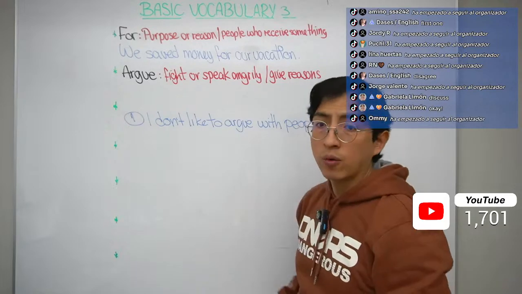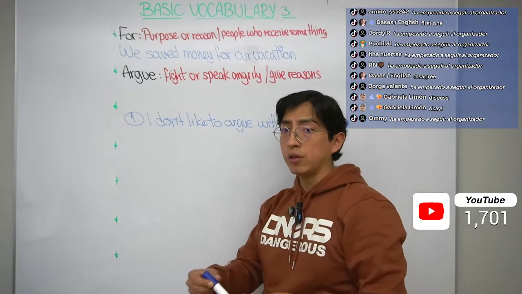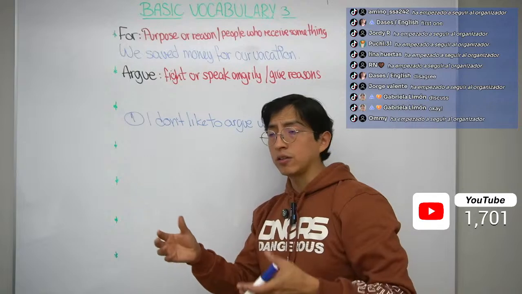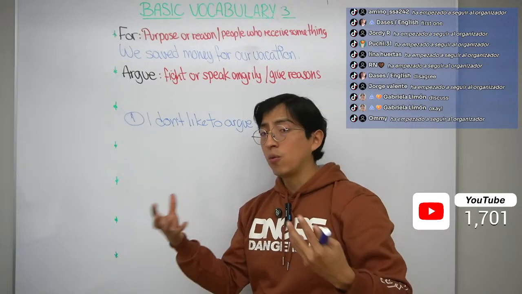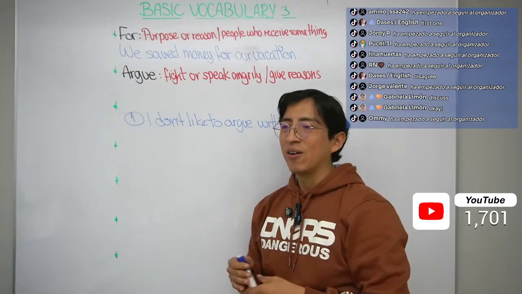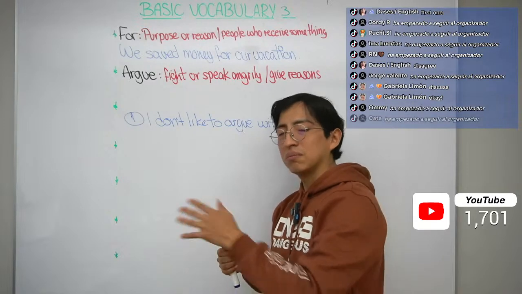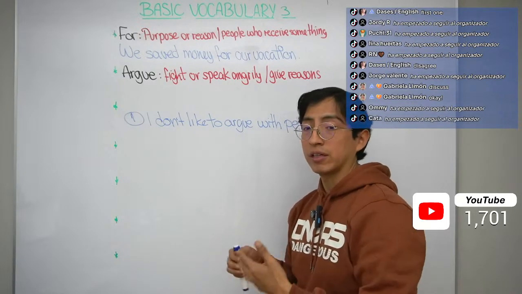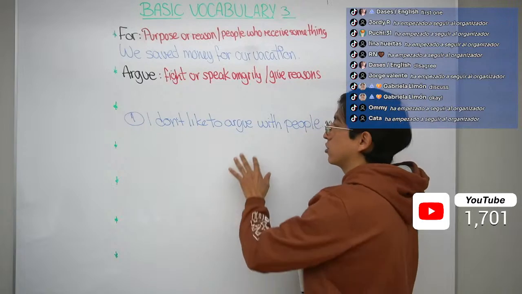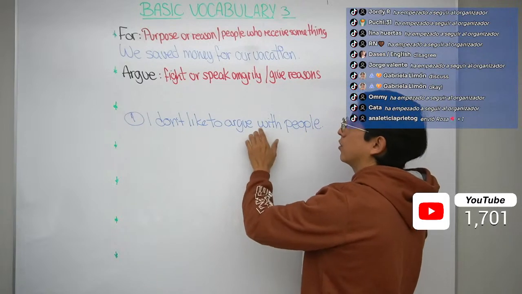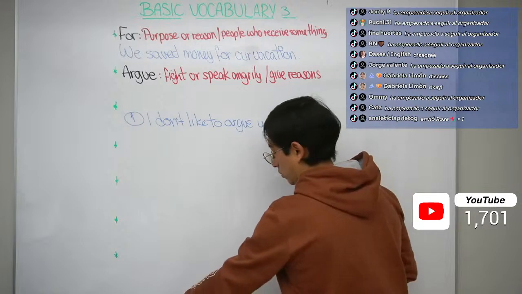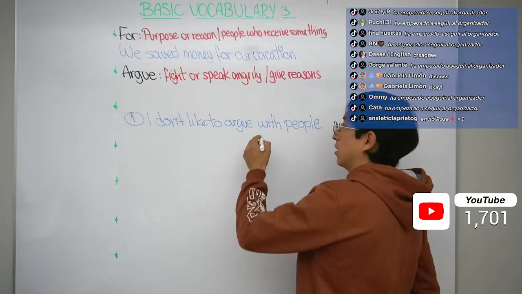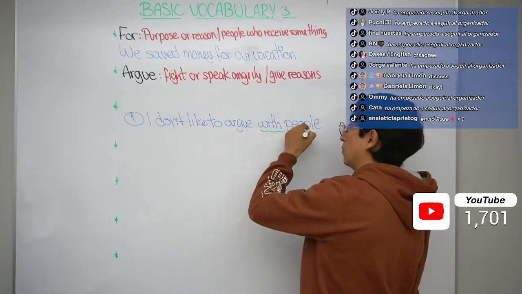Okay, one more time. To argue is to have different points of view. Maybe you say red and the other person says green, and nobody wants to accept, or nobody wants to say, okay, I prefer red or I prefer green. They don't want to change their mind. I don't like to argue with, and we're going to use this preposition, with people.